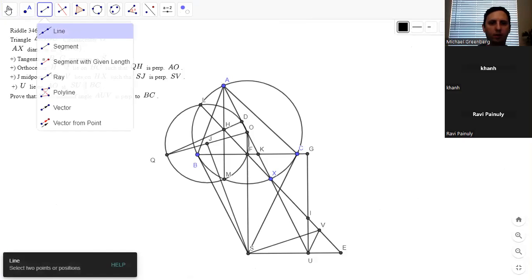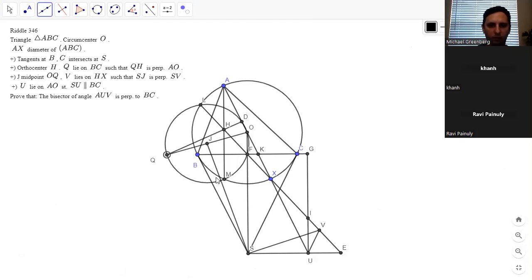Because we can use orthogonal harmonic bundles. We need UX, UV, UI, US, and that cross ratio is -1.